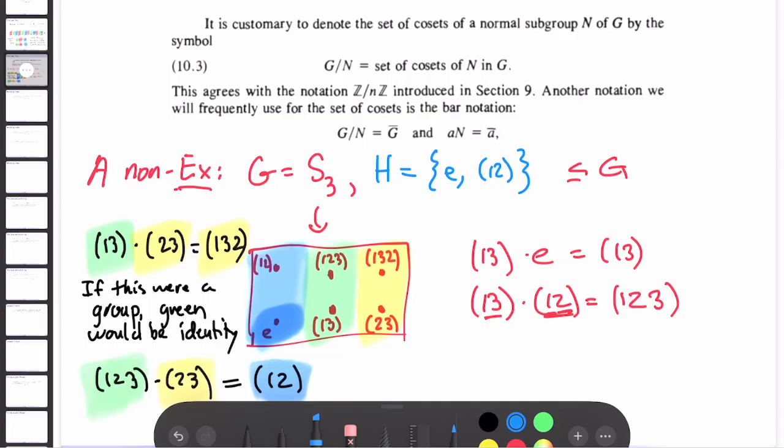The conclusion here is that not only do we not have a group structure, but in fact we don't even have an operation, right?